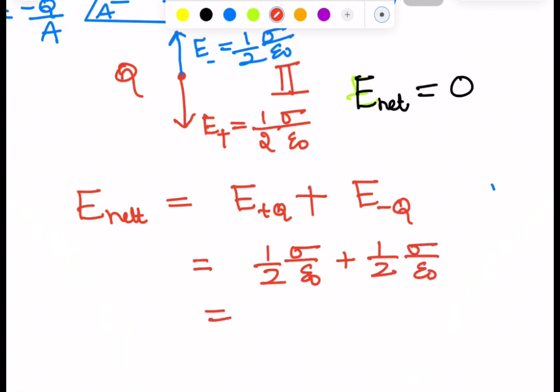Half plus half is 1. Therefore, the electric field between the plates.